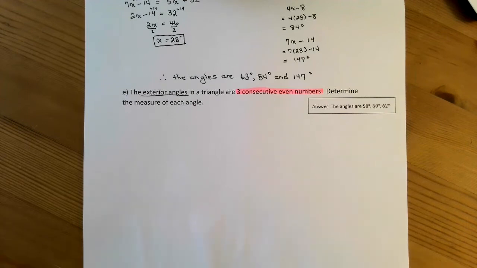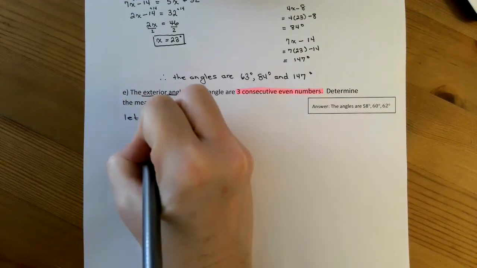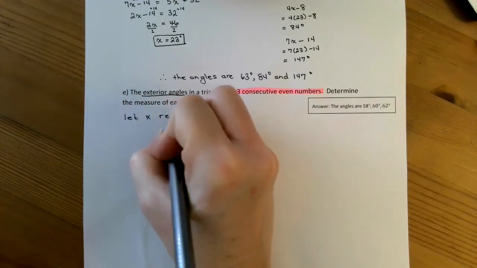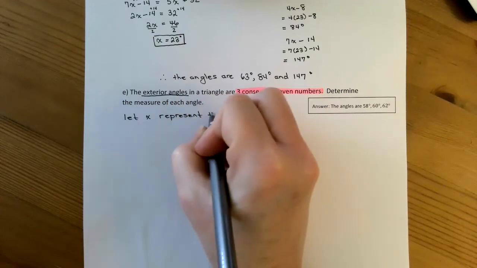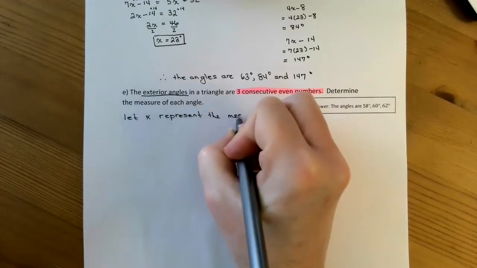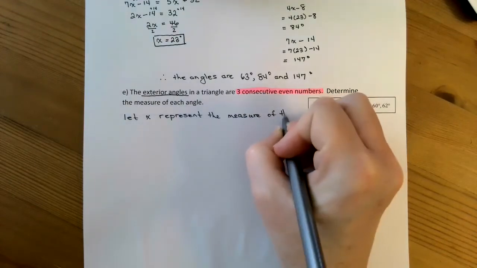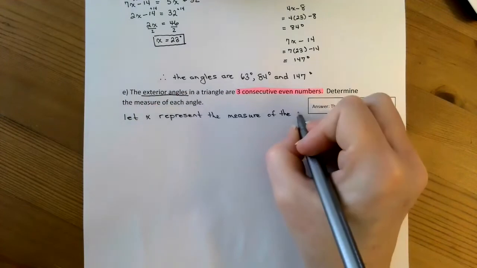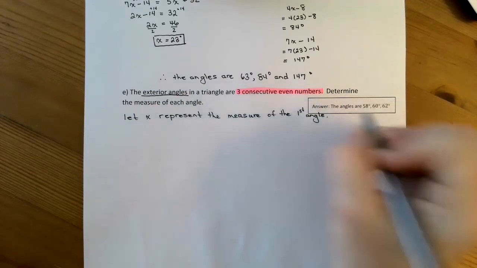So what we need to do is set up our let statement. First, we're going to let x represent the measure of one angle, the first angle.